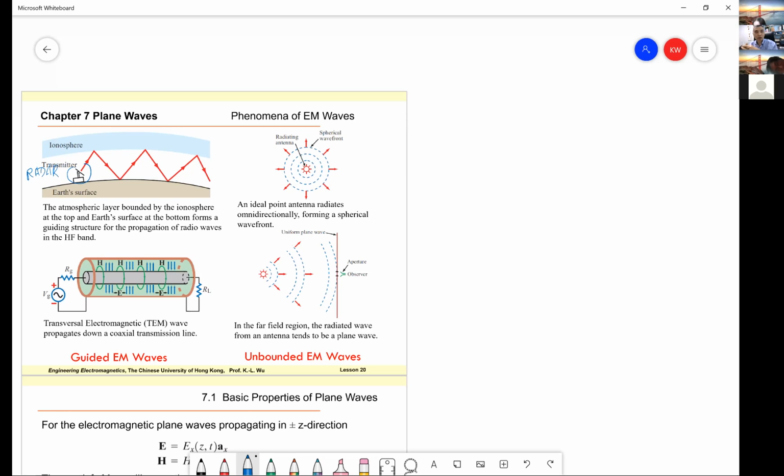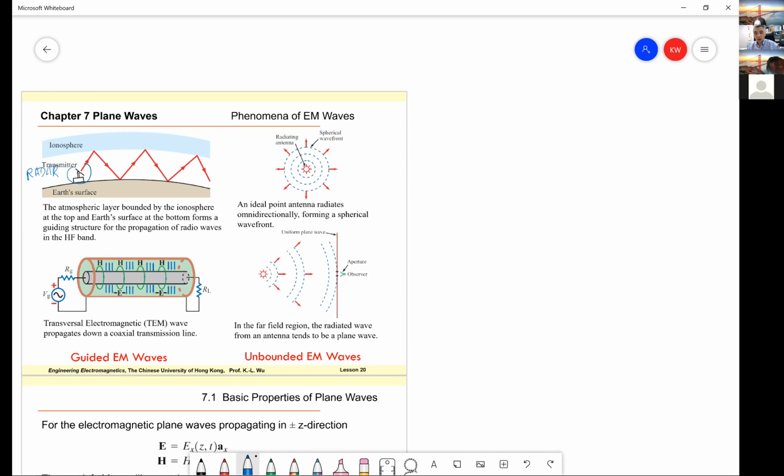And for military use, by all means, to detect the enemy flight. And one way we can use radar to detect an object in a long distance, very, very far away, even 1,000 kilometers, okay?